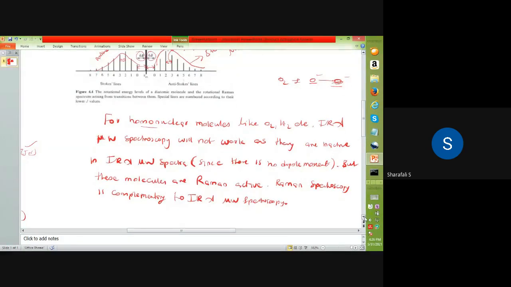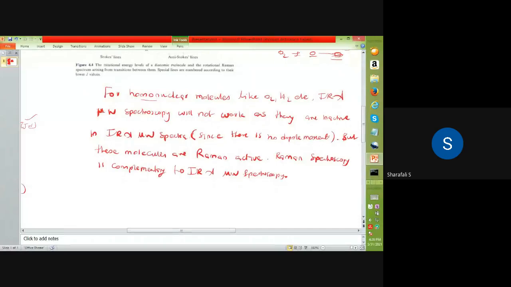Anyway, this is the point: if you are considering a homonuclear molecule like oxygen, such a molecule does not possess a dipole moment, so it is inactive in IR and microwave spectroscopy. But if you consider these molecules in Raman spectroscopy, they will be active.